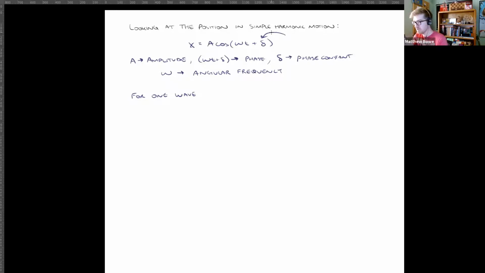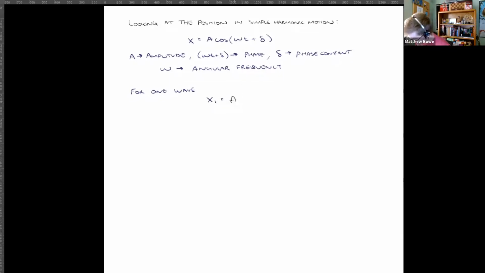We could choose the easiest position, which is starting at 0. So for one wave, we could say x equals A cosine omega t. This is a whole lot less intimidating to look at.